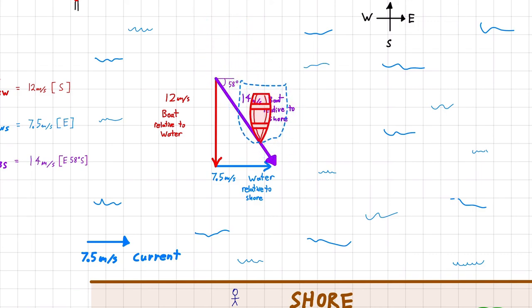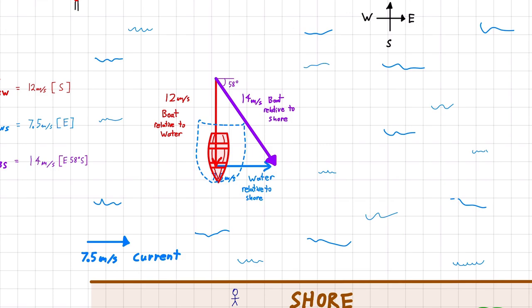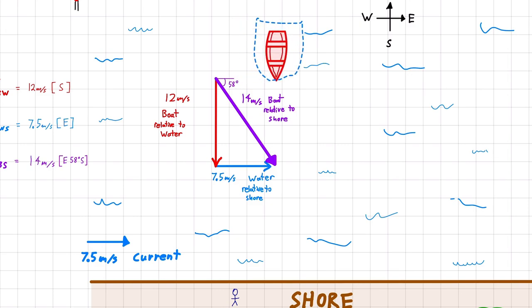It's pointed south because all the power that the boat has is pointed south. But then the water drifts it. The water's got a current that carries it. So if we're just isolating, imagine the boat was just sitting still. The water would still carry it at 7.5 meters per second this way.